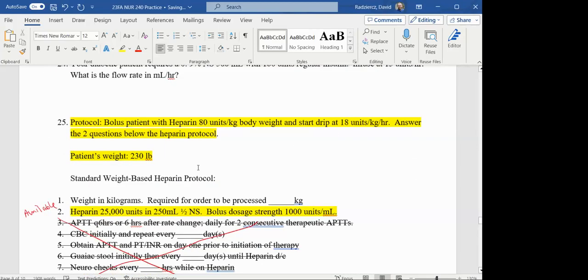So we have our patient's weight at 230 pounds. We want to know what that is in kilograms. So I'm going to take that 230 pounds, divide by 2.2, and I'm going to get 104.54 repeating.